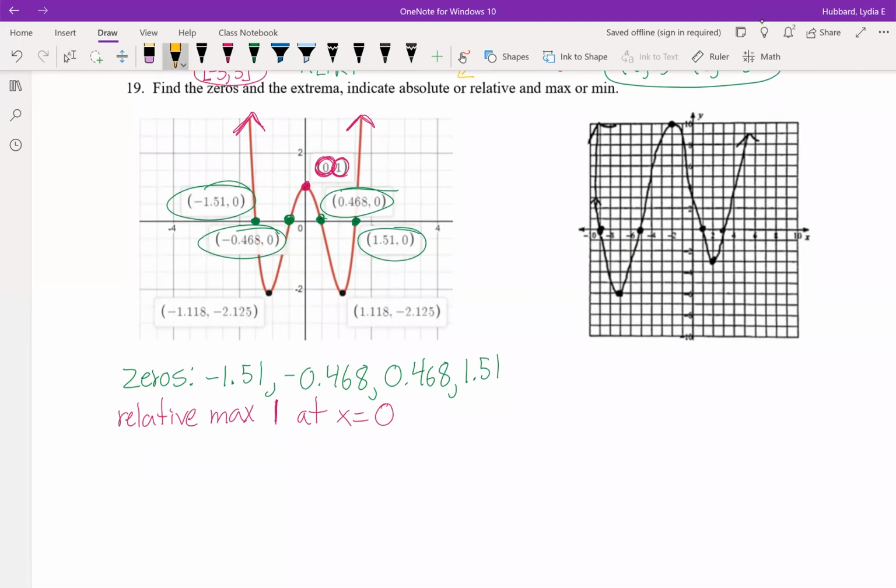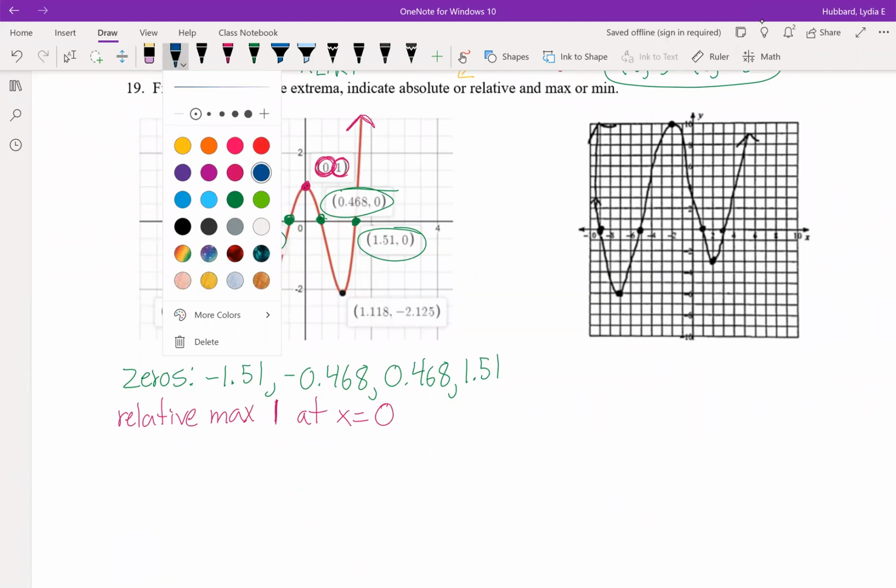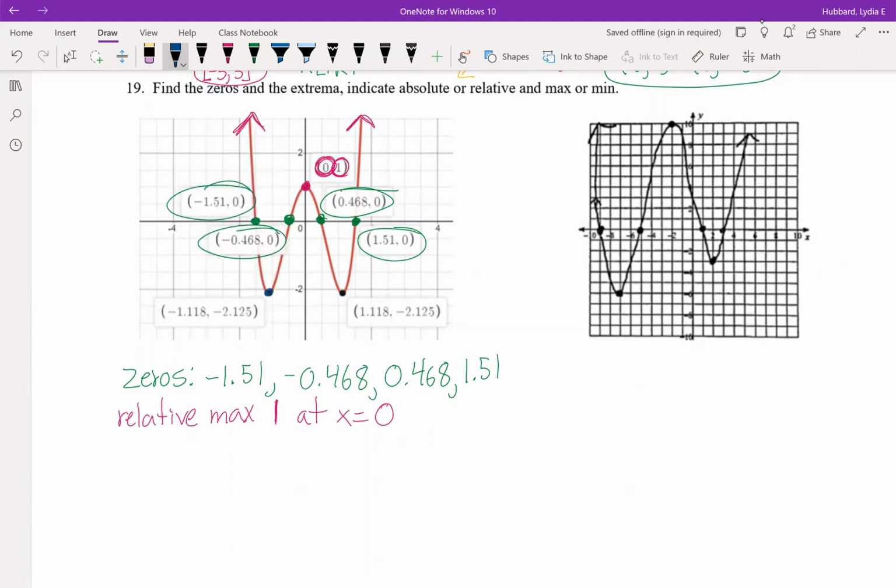So we would say for this first one, this one right here, it is a relative min of the y value, which is -2.125 at x equals -1.118. And so that's why it's important to specify the at, because technically you could have two relative minimums that have the same value, but occur at different places on our graph.